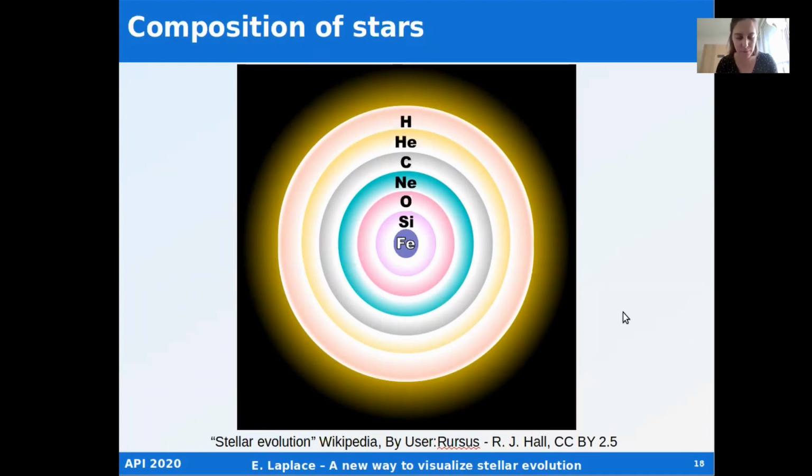This is how Wikipedia thinks a massive star looks like at the end of its life. So, spoiler alert, this is not how massive stars look like at the end of their life. I wish nature was that simple, but that's not how it works. So let's just keep that in mind and then see compared to the models that I will show you.